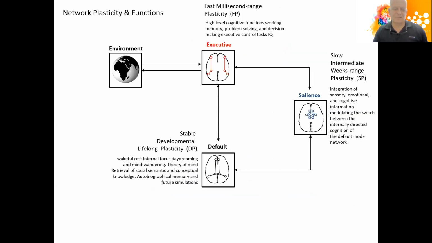So now when we have set in motion all this superficial knowledge about the brain, we know that we have an executive network which is responsible for fast, millisecond range, connectivity balanced activity interacting with the environment. We have a default mode network which develops over time and represents internal representations and internal traits. And we have a salient network that combines the activity between those 2 extremes of brain organization and directs it toward a dynamic of reducing free energy.